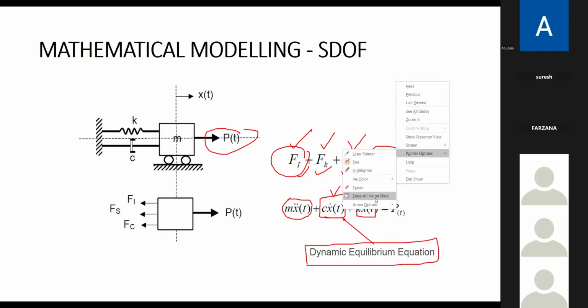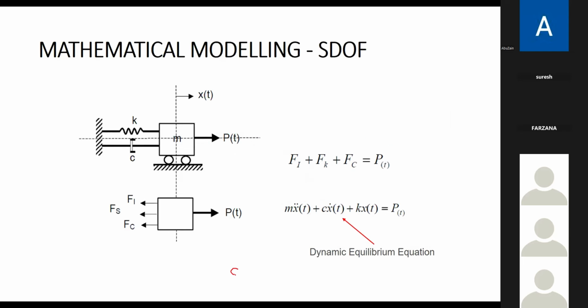What is our static equilibrium equation? My static equilibrium equation is, if my load is applied, it's going to deflect. If it deflects, I have a delta which is x. I will not have velocity. My velocity is 0 here. My acceleration is 0 here.